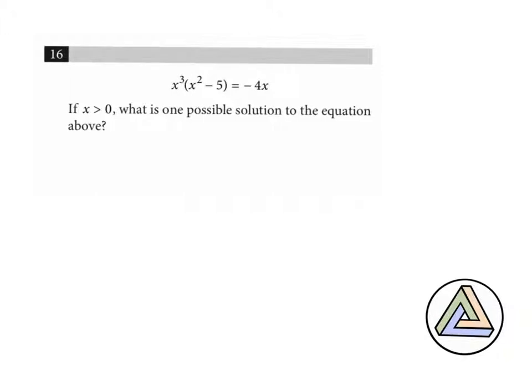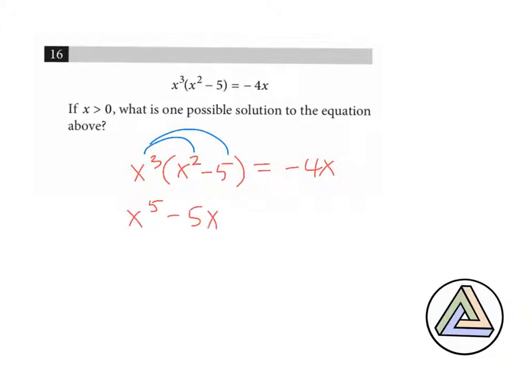So one thing you could do here is distribute that x cubed, among other things, which we're going to do in a moment. So if I was to distribute that, this would become x to the 5th minus 5x cubed equals negative 4x. And let's set this whole thing equal to 0, just because that's often a good idea when it comes to solving polynomials.